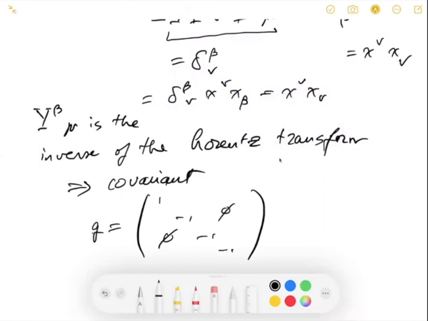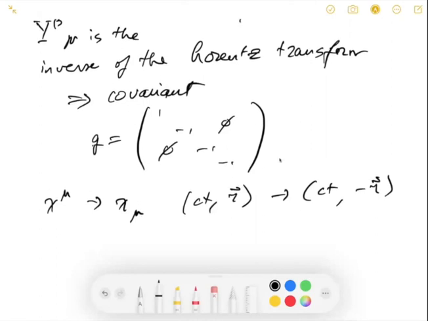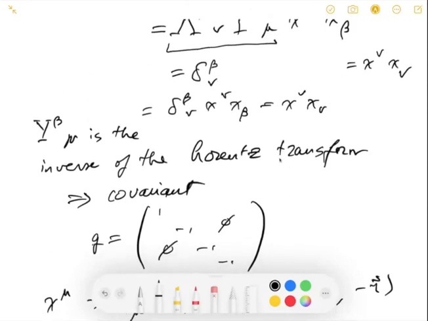The thing that takes you from x^μ to x_μ is just that you go, let's say, from (ct, r) to (ct, −r vector). So all you do when you multiply by the metric tensor in Minkowski spacetime is flip the spatial part.